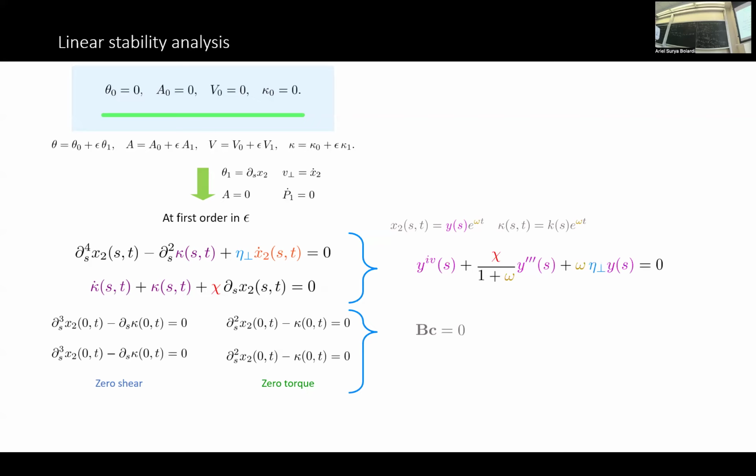And imposing the boundary conditions, we get a characteristic equation, which, if one was able to solve it, would give the eigenvalue corresponding to the values of the 2 model parameters. This equation cannot be solved in closed form, but we can solve it numerically.